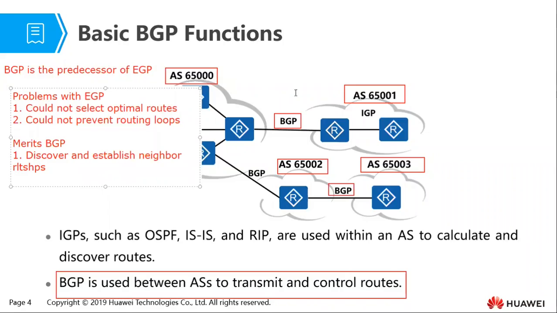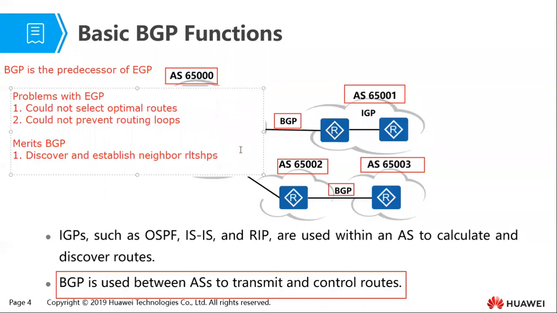So that's the other advantage of BGP, other than the two that we've listed up there. And number two, BGP also provides what we call route control capabilities between autonomous systems which are not fully trusted.